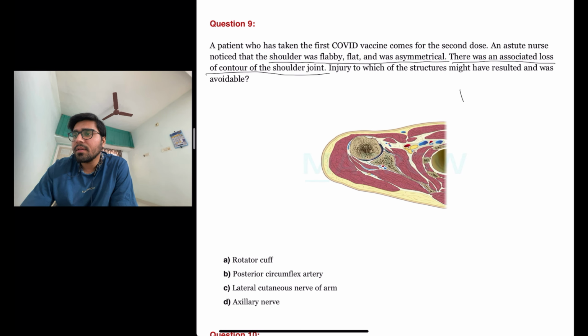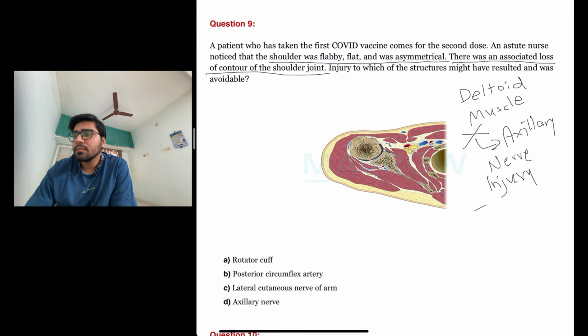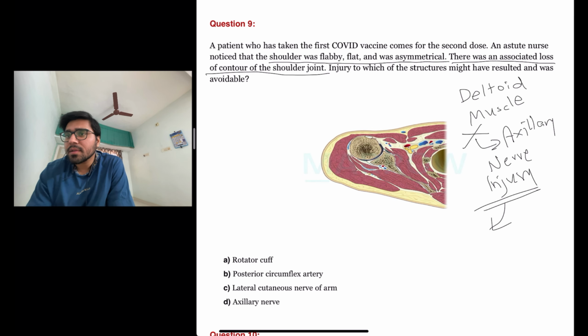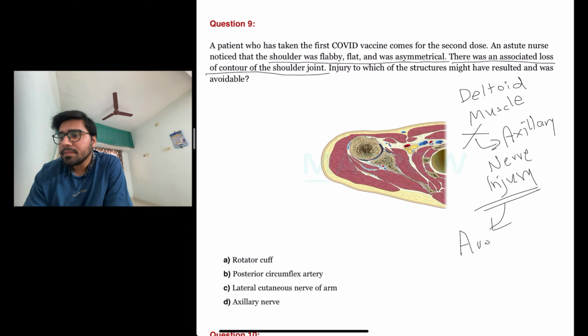So the deltoid muscle is completely injured, and that is due to axillary nerve injury, which has happened, and that was avoidable.